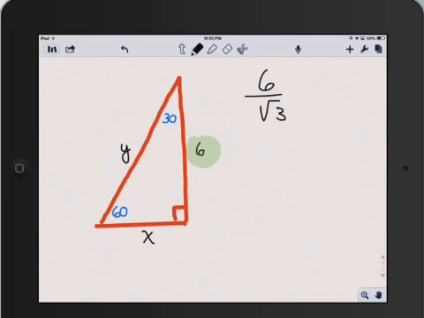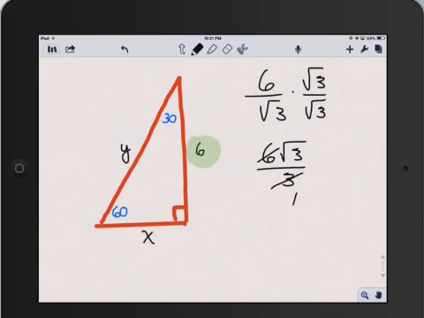So that gives us 6 over the square root of 3, but we have to simplify that by rationalizing the denominator. So we multiply by square root of 3 over the square root of 3, which gives us 6 times square root of 3 over 3. 3 goes into 3 once, 3 goes into 6 twice, and we have the shorter leg, x is equal to 2 times square root of 3.